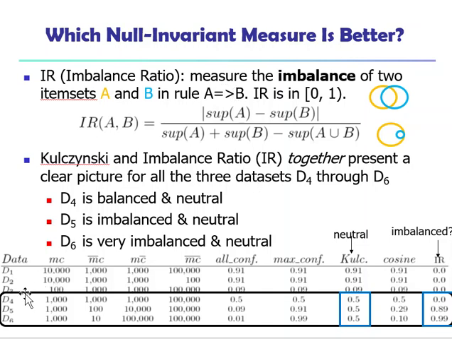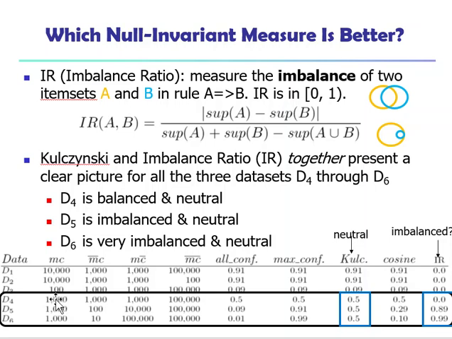So when we look at the item set, the data set D4, D5, and D6, we see that D4 is balanced. We can see those numbers finding the support for milk and the support for coffee.